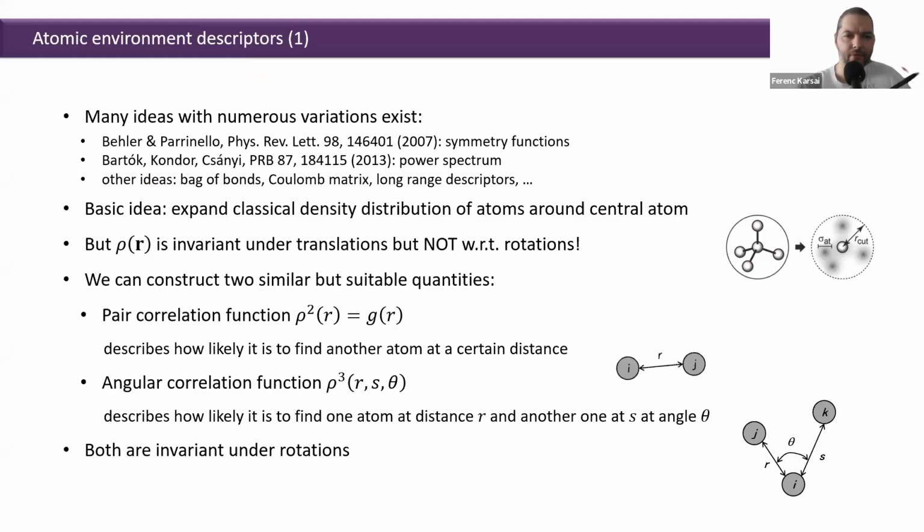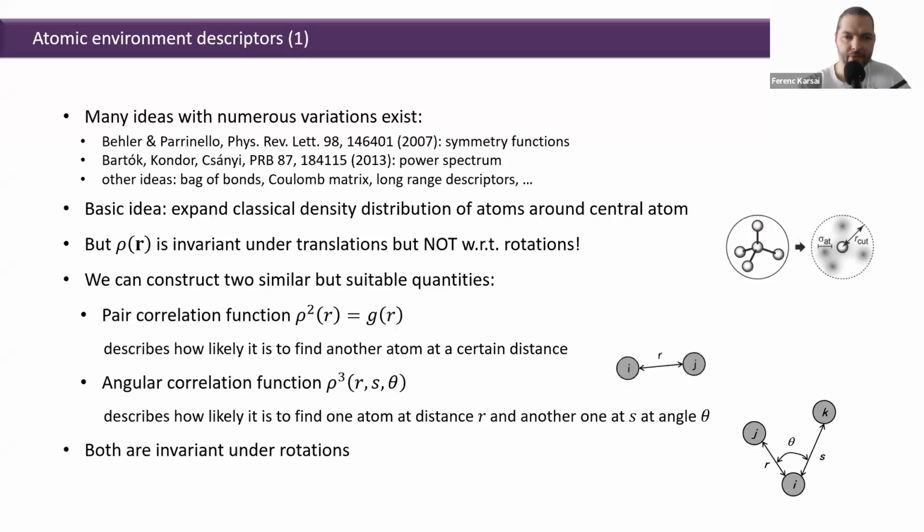I will focus on the one used in VASP. The basic idea is to expand the atomic density distribution around each atom. Unfortunately, the distribution, rho, is invariant under translations, but not with respect to rotations. So we need some kind of variation or approximation that also introduces rotational invariance.